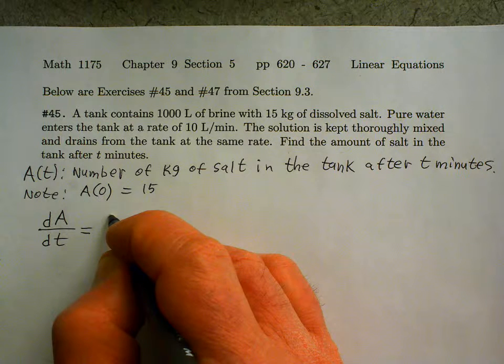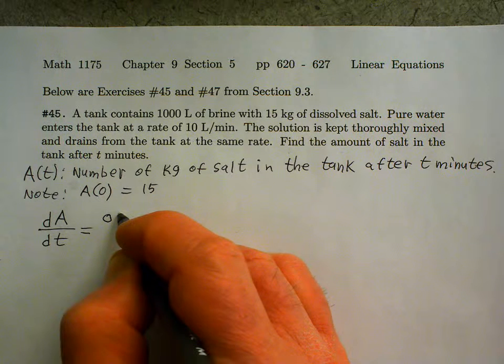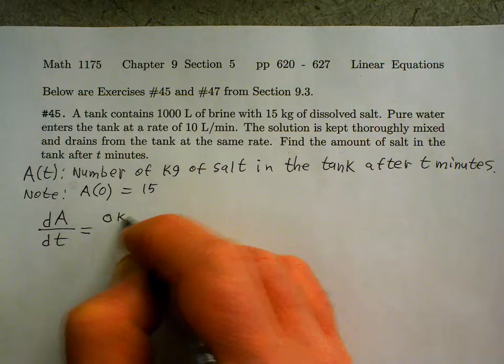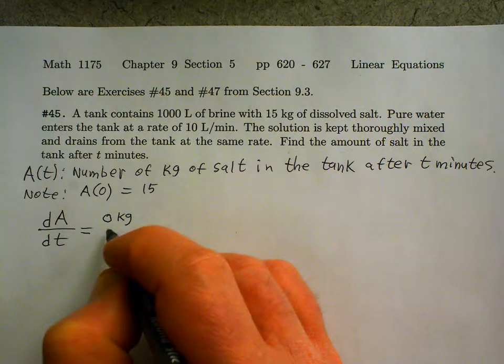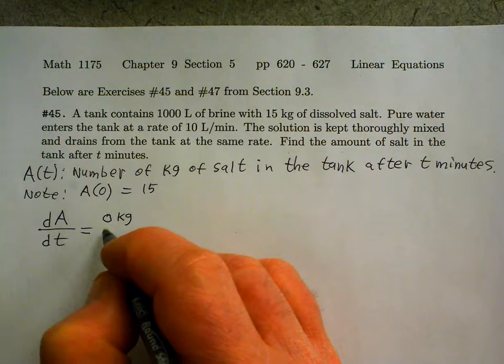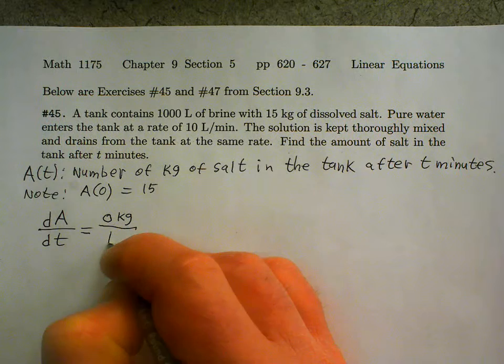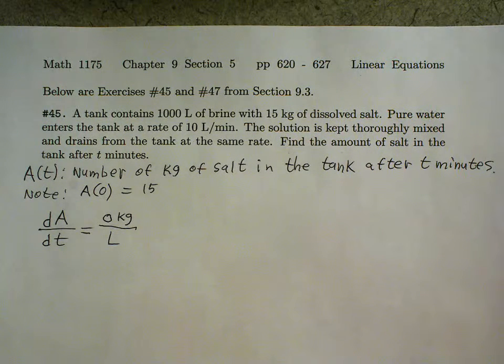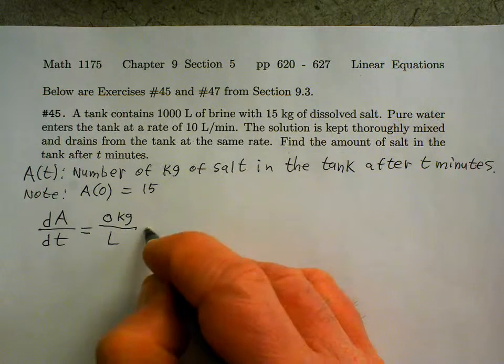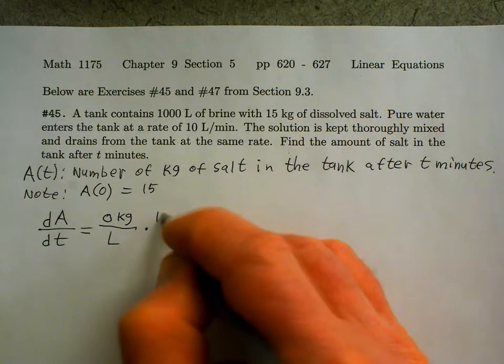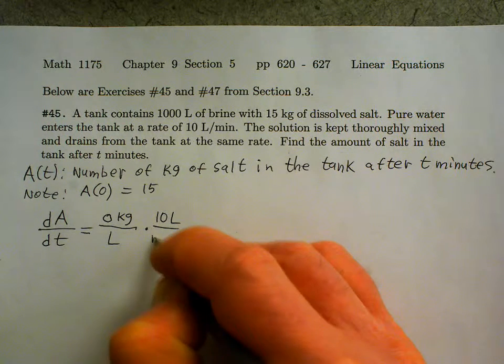So the amount of salt entering is 0 kilograms per liter multiplied by 10 liters per minute.